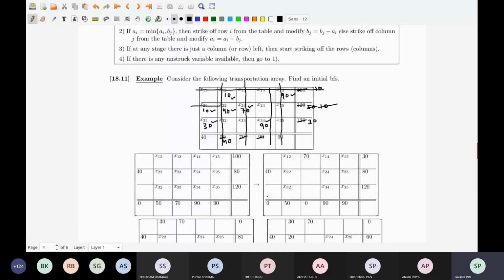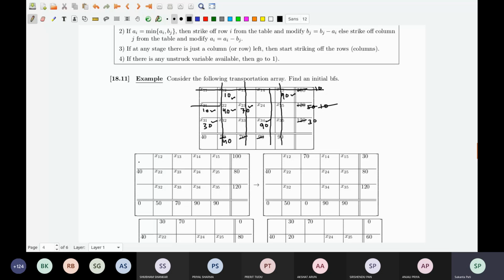Instead of selecting a variable randomly, it will first try to saturate x11. x11 will get saturated first, either by its row or by its column.